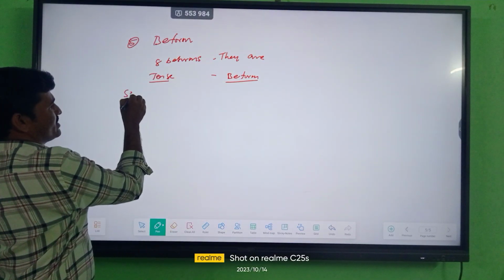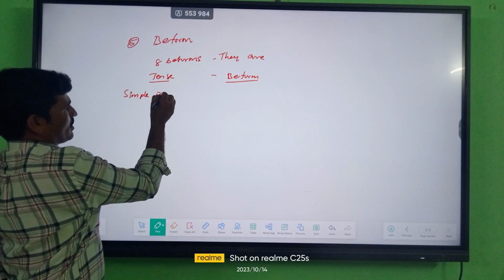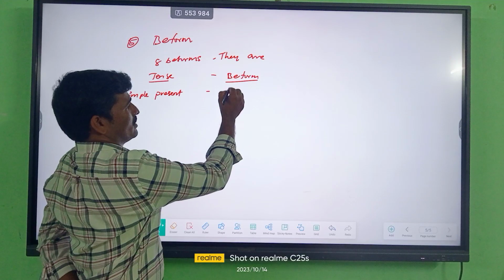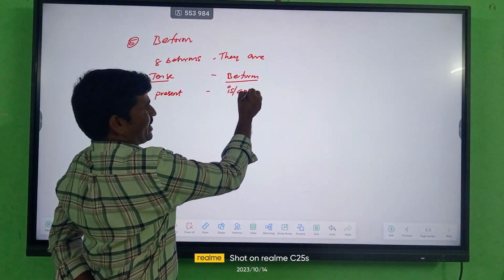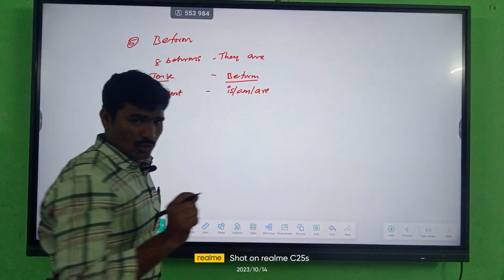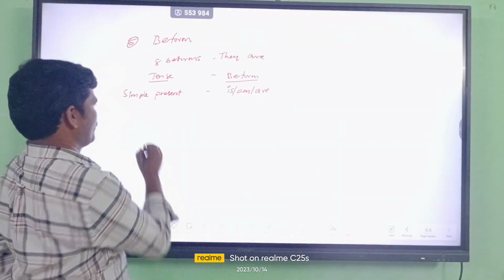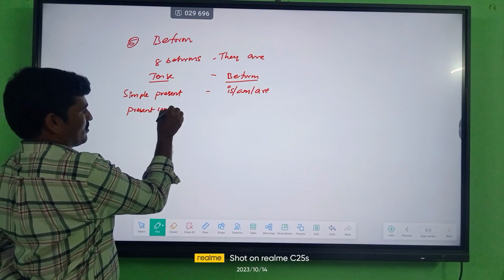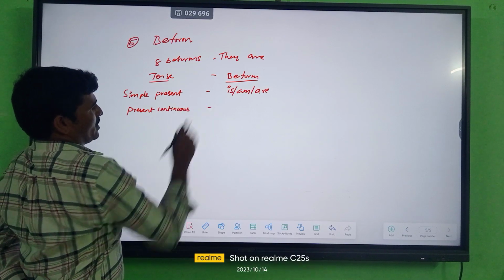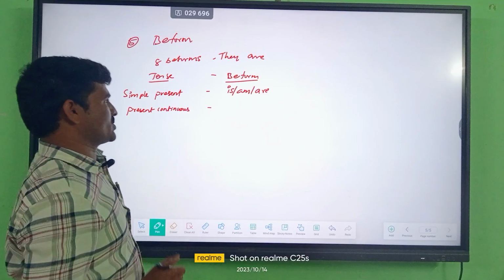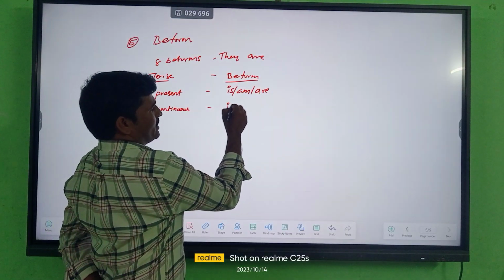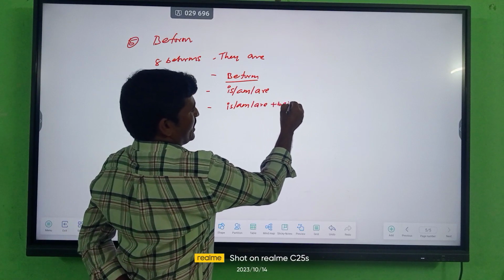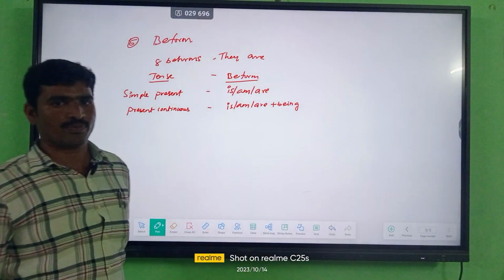First tense, simple present. Be forms are is and are, used in the passive voice. Present continuous. With the active voice in present continuous tense, the be forms are is, am, are plus being, used in the passive voice.